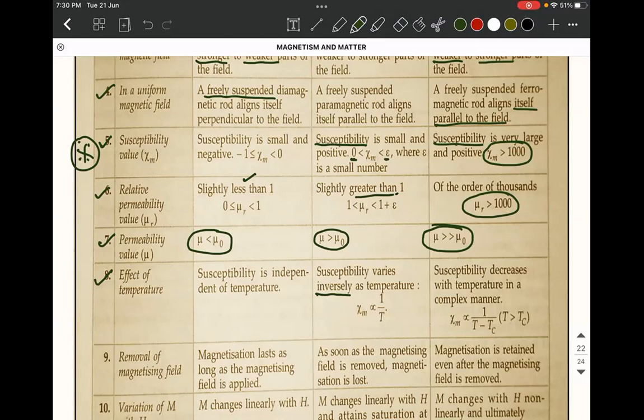Similarly, for a ferromagnetic substance, susceptibility is proportional to 1 by (T minus Tc), where Tc is called the Curie temperature. The Curie temperature is the temperature at which a ferromagnetic substance will lose its magnetism.